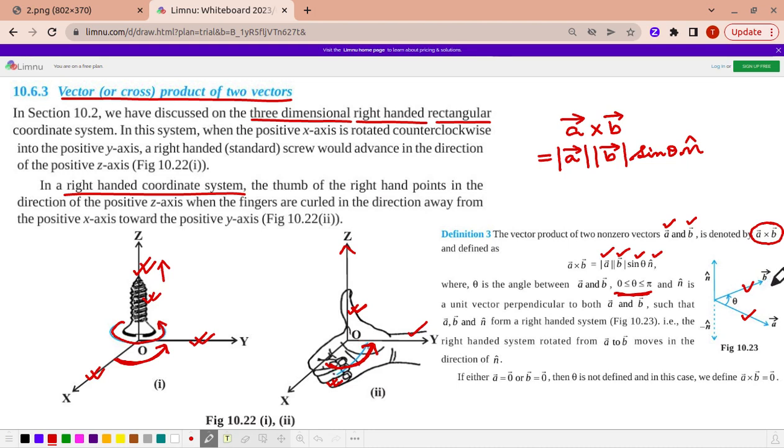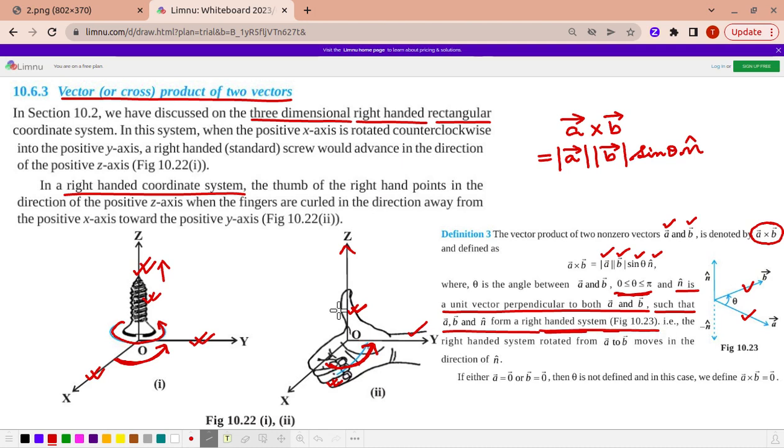N cap is a unit vector perpendicular to both A and B, such that, this is very important, A, B and n form a right-handed system.